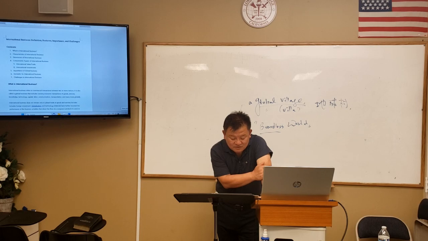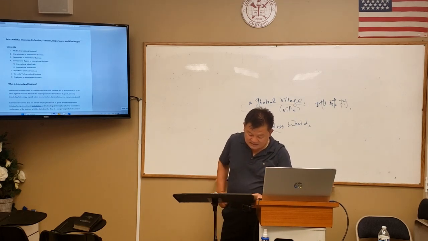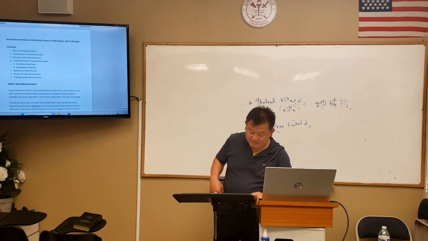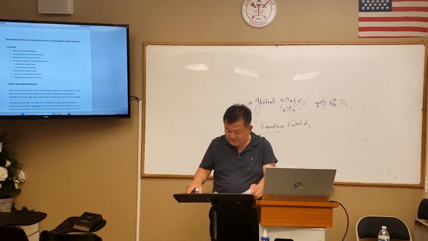Free flow of factors of production, something like that. Also the impact of international organizations, for example WHO, WTO, IMF, UN, OPEC. Also foreign laws and foreign environment. These things decide the characteristics of international business.